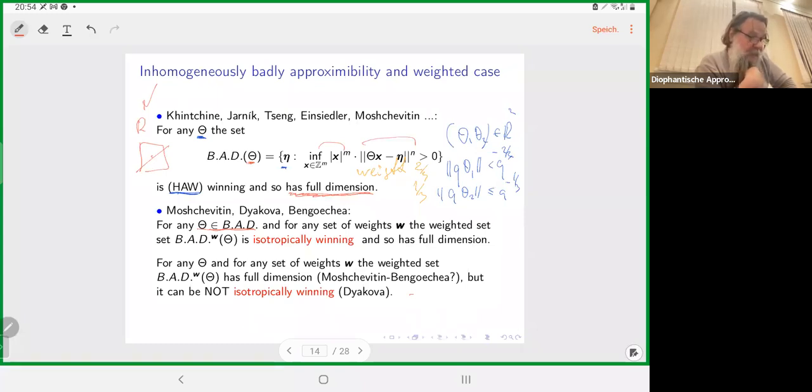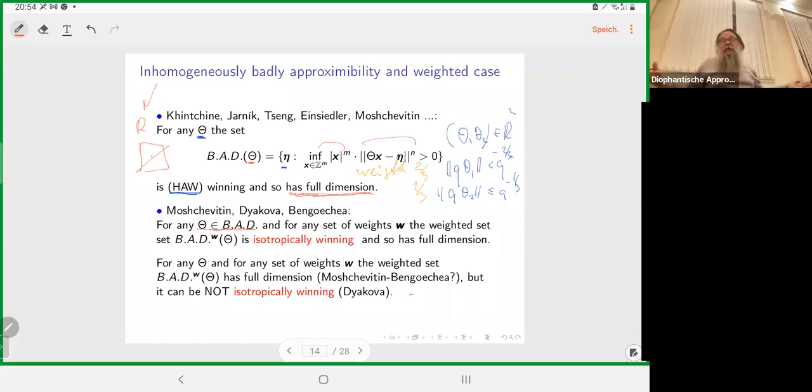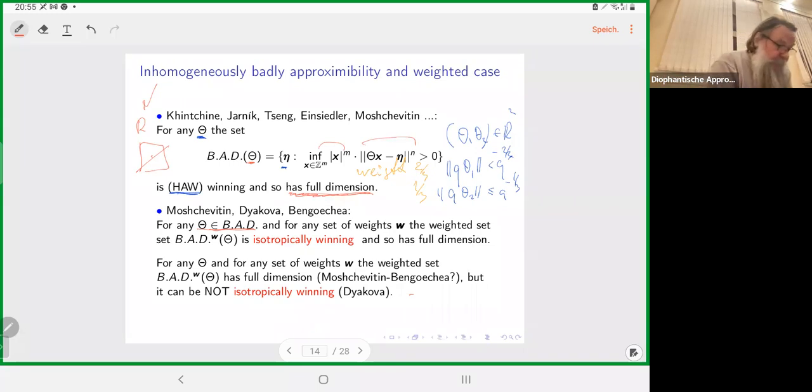However, this isotropically winning property is a very strong property because, for instance, for badly approximable linear forms, we trivially do not have isotropically winning property. But nevertheless, we have isotropically winning properties for the set of these etas.